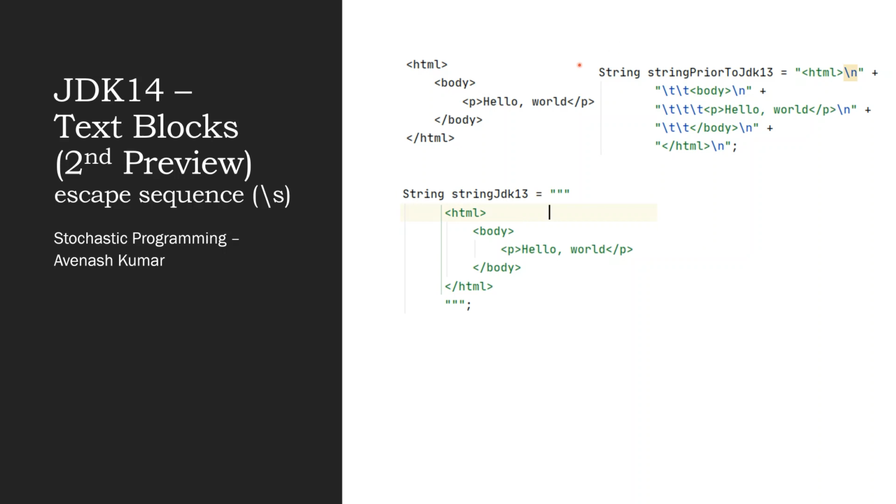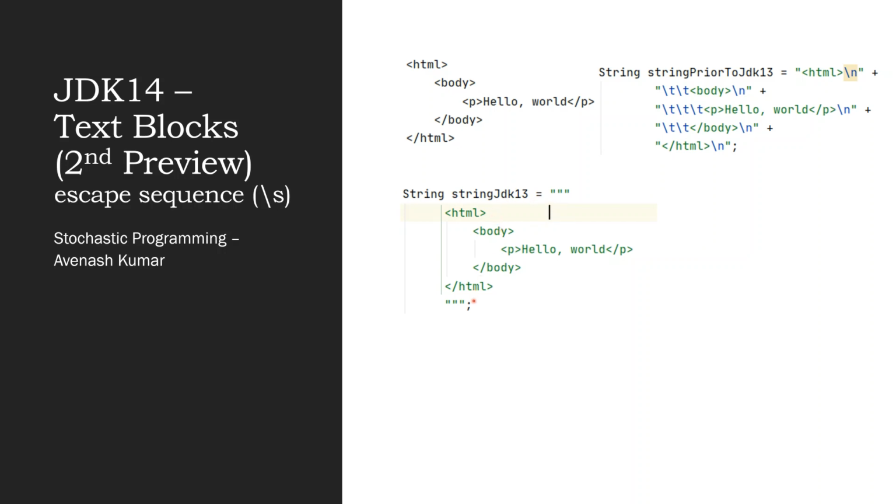So the difference between the multi-line string text block in JDK 13 and JDK 14 is the two escape sequences which are introduced. From this example, if you see, I have put some extra spaces.